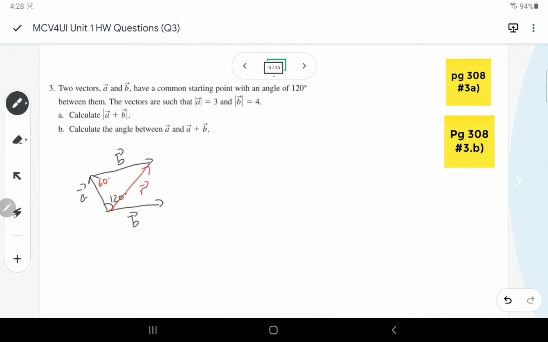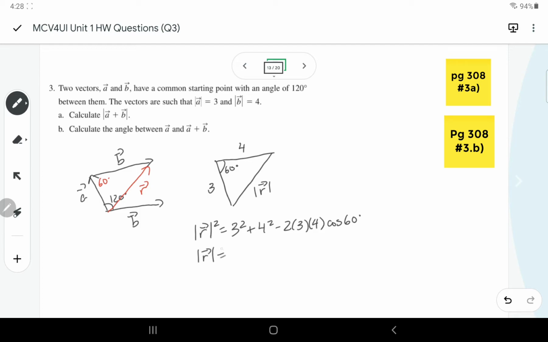So if I redraw this diagram, we have the magnitude of the resultant, which is A plus B, and 3, 4, and 60 degrees. So here we have that the magnitude of the resultant squared is 3 squared plus 4 squared minus, whoops, I'm making up a new cosine law there, 2 times 3 times 4 times cos 60.